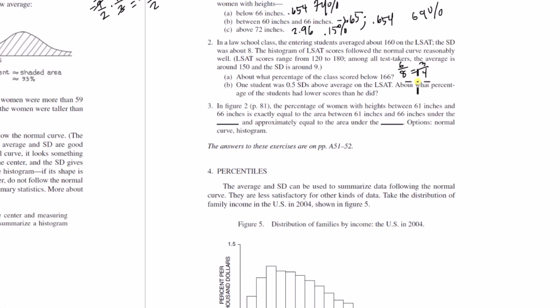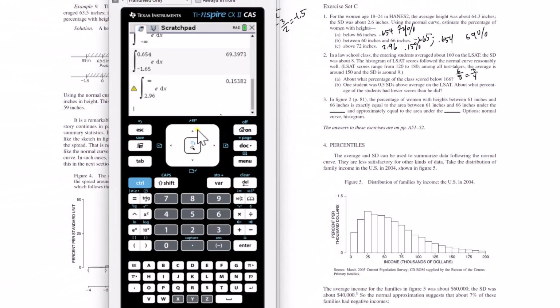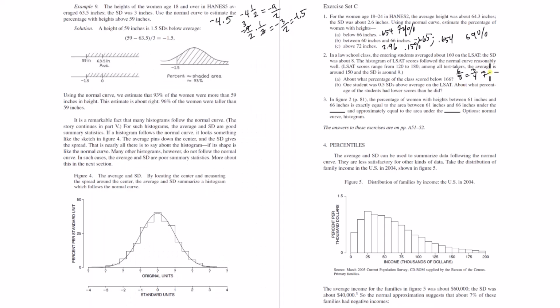So what's the area on the normal curve, in standard units, from 3/4 and below? 77%.